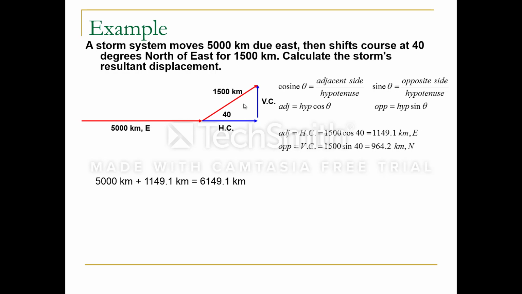So this one lines up again: your cosine is still your horizontal, sine is still your vertical. So I'm going to do 1,500 cosine 40 to figure out my X component, and then 1,500 sine 40 to figure out my vertical component.